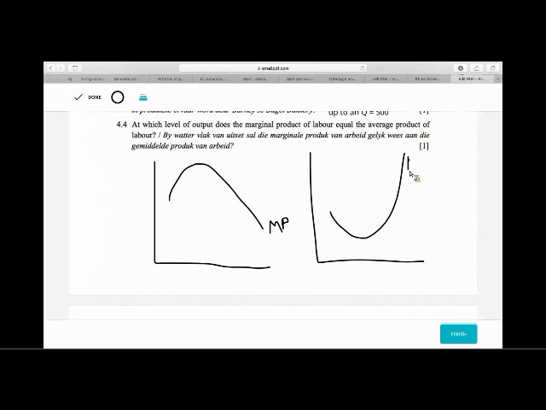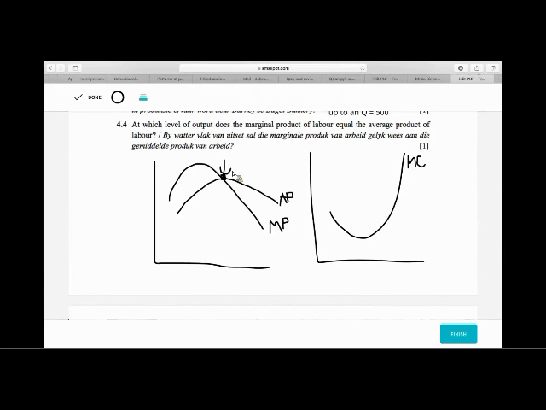Okay. We then have average product, which looks like an upside down U. It crosses marginal product at its maximum. So average product looks like this, and marginal product cuts it at its max. Okay, so that's what's being described in this question. At which level of output does marginal product equal average product? And that occurs when average product is at a maximum.